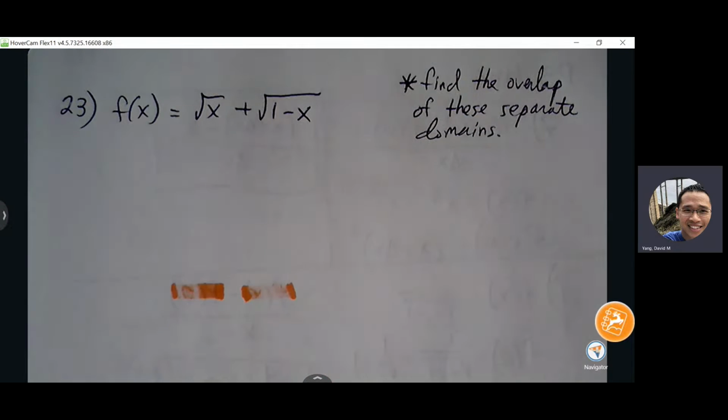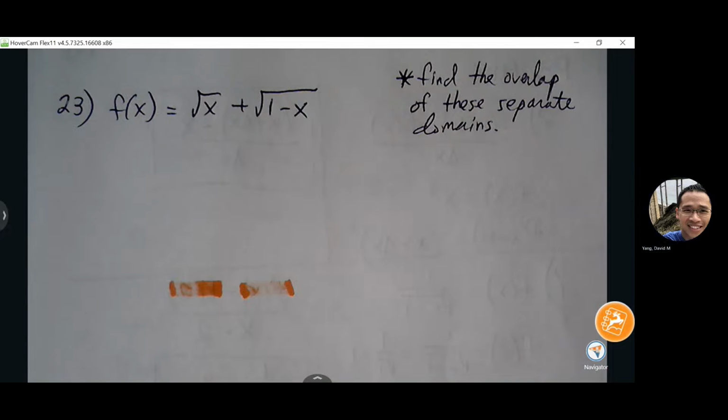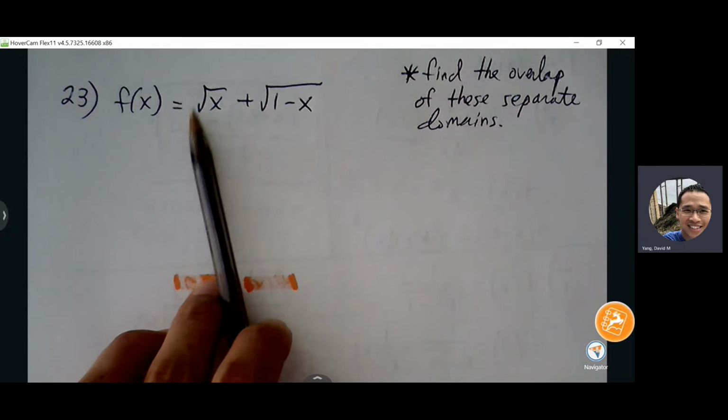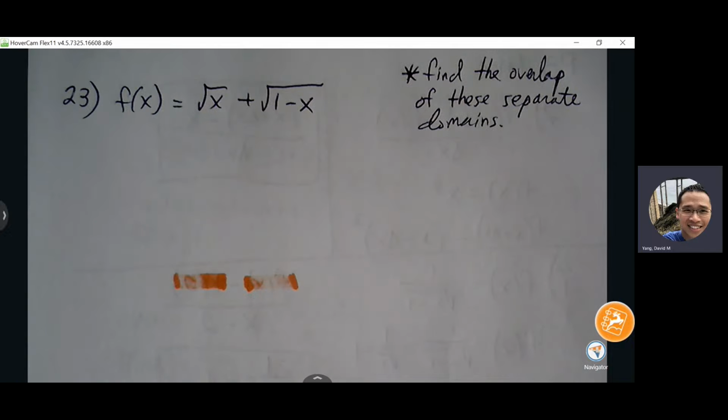The reason is that the graph is not going to show up if it doesn't fulfill both restrictions. So even if the square root of x can handle a value, if the other can't handle that value, then it's not going to show up at all on the graph.